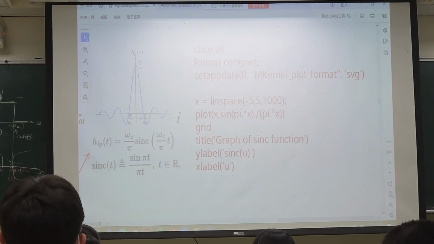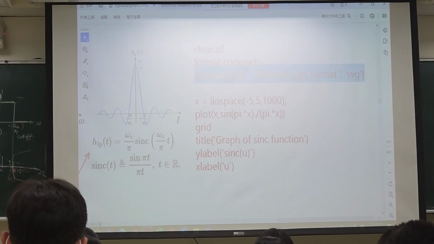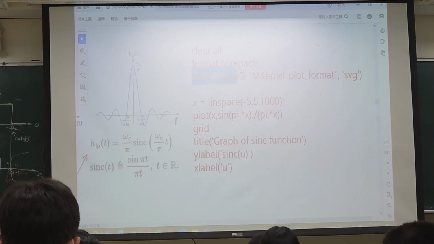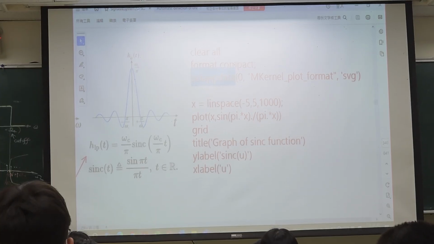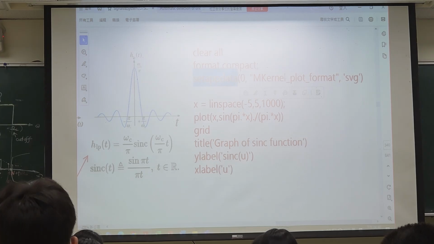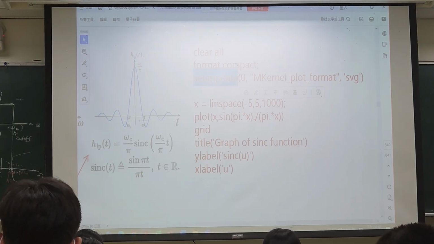Okay, again, I need you to tell me what I did here is for what purpose. Can anyone tell me what is the purpose of doing this set data? The plot format SVG.